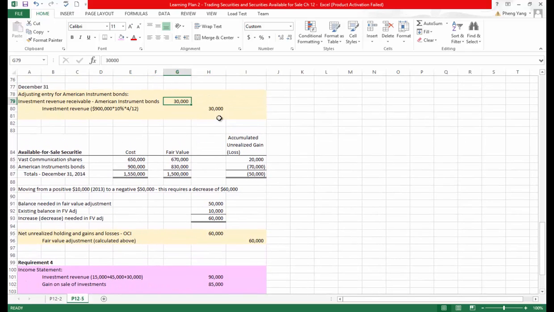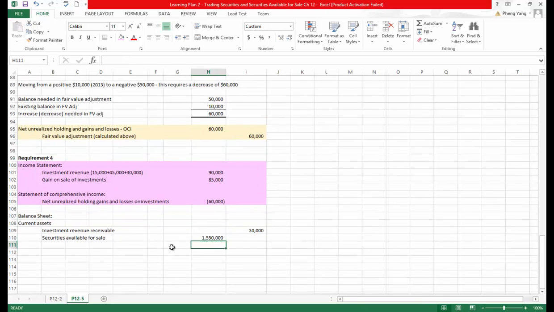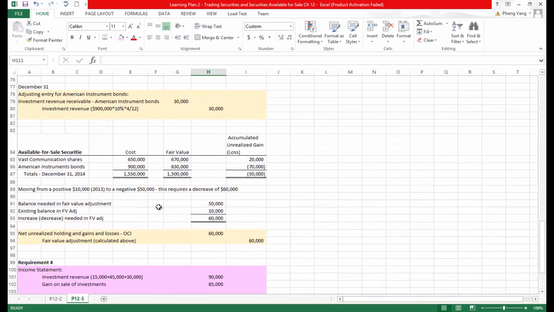Right here. Okay. Then we've got our securities available for sale of the 1.55 million. Okay, right there. That's both of our securities there.